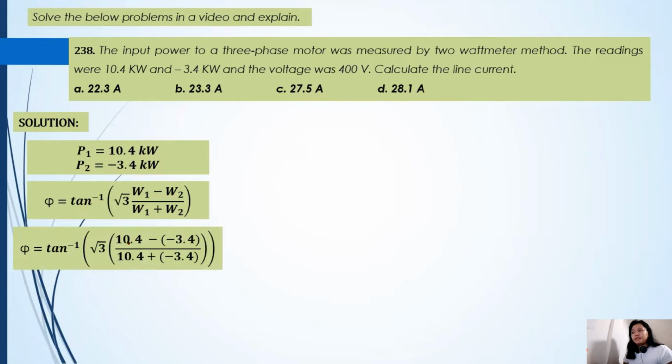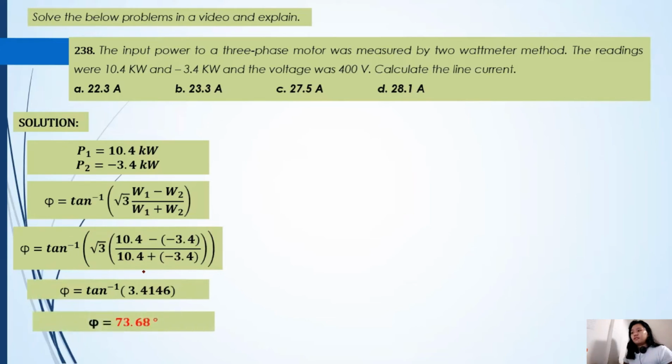So our power 1 is 10.4 minus negative 3.4, and in the denominator we have 10.4 plus negative 3.4. So the answer for this phi is arctan of 3.4146, which is the answer inside of the parenthesis.